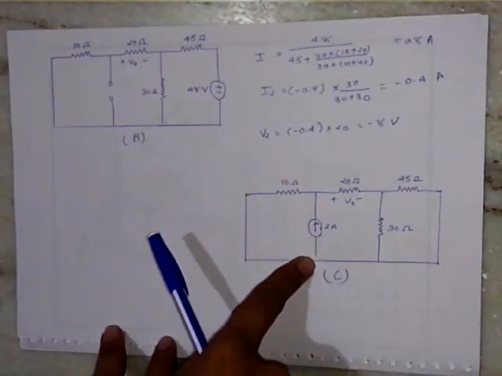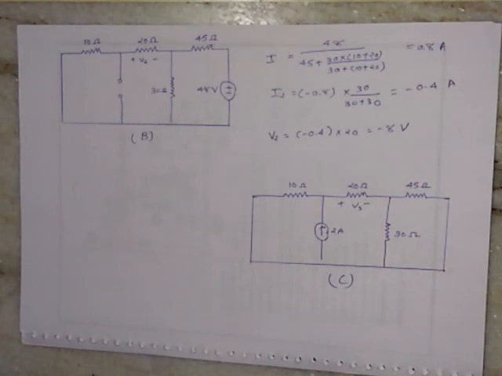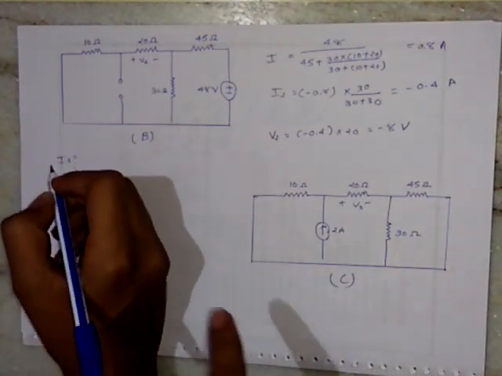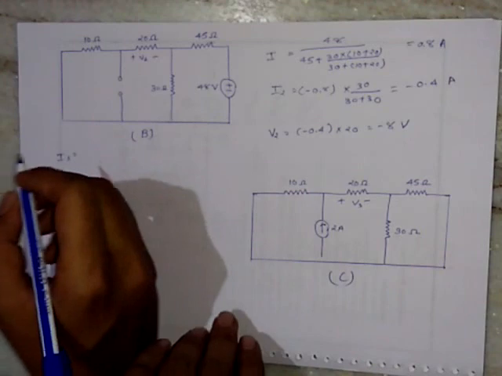Now for the 2 ampere supply, we will see how to derive the voltage across the 20 ohm resistance. For that, first of all, we will find the current through the resistance.